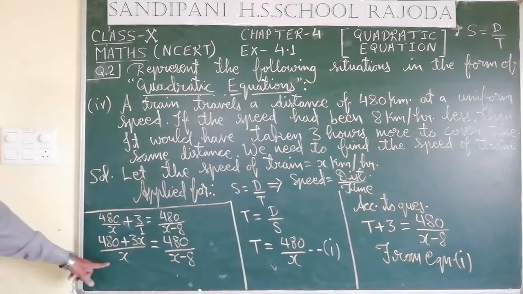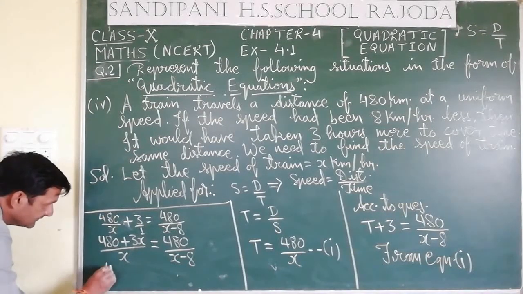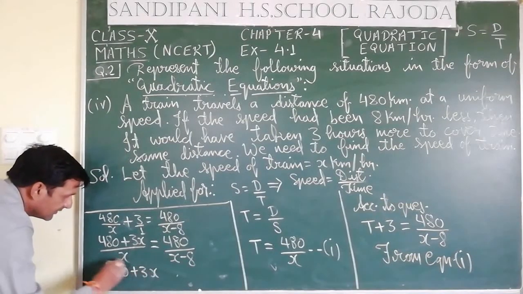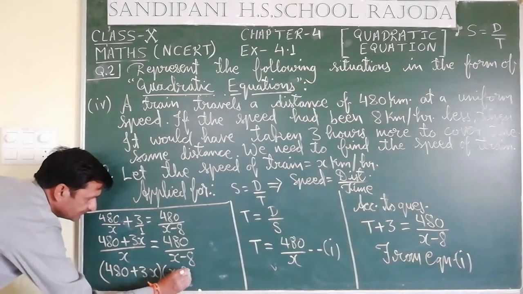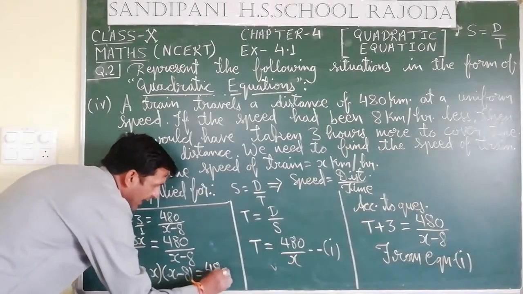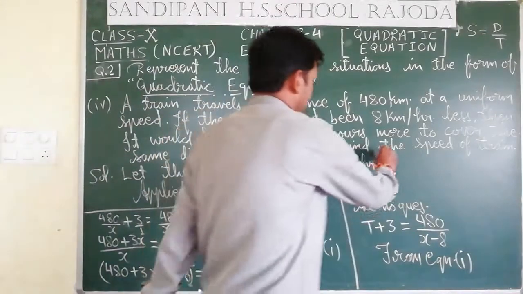Now from this given condition we have to proceed further, that this will become 480 plus 3x into x minus 8 is equal to 480x. Now we may proceed.